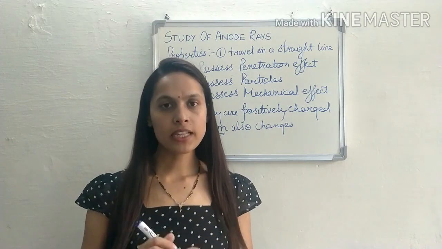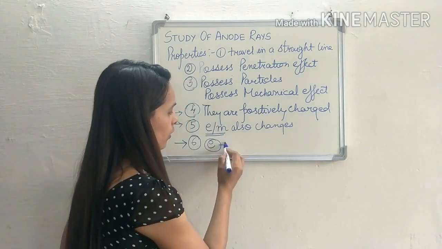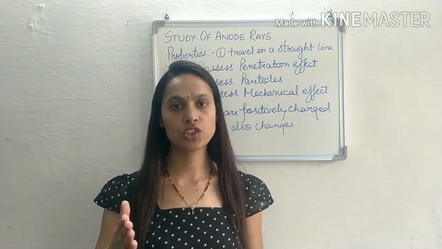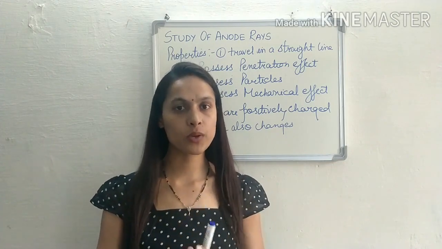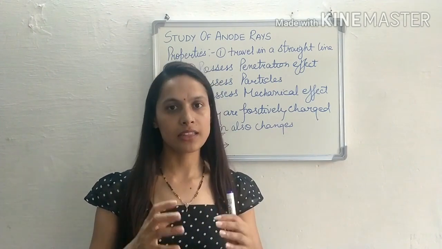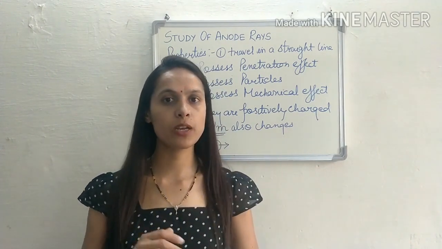But one thing is noticed, that the charge of anode rays comes in the whole number multiple of the charge of the cathode ray. It means there is a relation between the charge of the cathode rays and the charge of the anode rays, that the charge of the anode ray is a whole number multiple of the charge of the cathode ray.